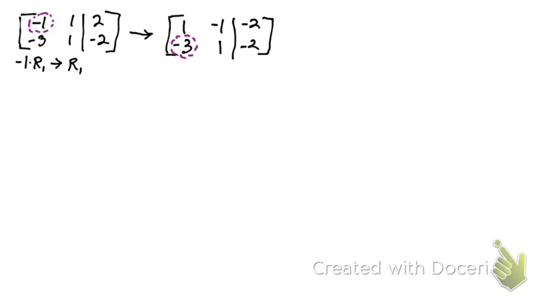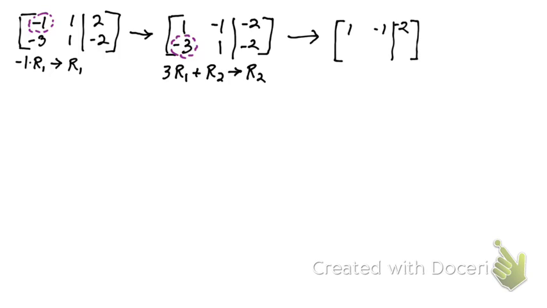So we're going to write that just as I said it. We'll go 3 times row 1 plus row 2 is going to become my new row 2. Well, I circled something down here, so this should change, but my top row will not change. So my top row will remain that 1, negative 1, negative 2, and now we're going to do that math.